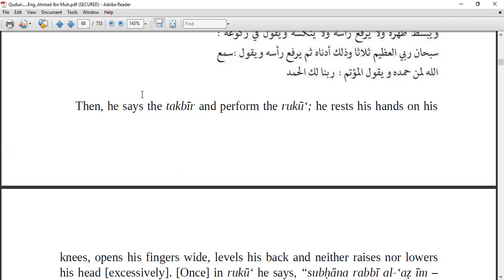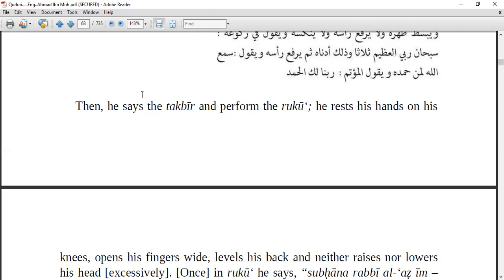But what the ulama suggest is that in farz prayer, just stick to Subhana Rabbil Azim in ruku and Subhana Rabbil A'la in sujood. And use those other adhkar in your sunnah and your nafil prayers. For the farz and wajib, just stick to Subhana Rabbil Azim and Subhana Rabbil A'la, right? And so 3 should be the minimum.